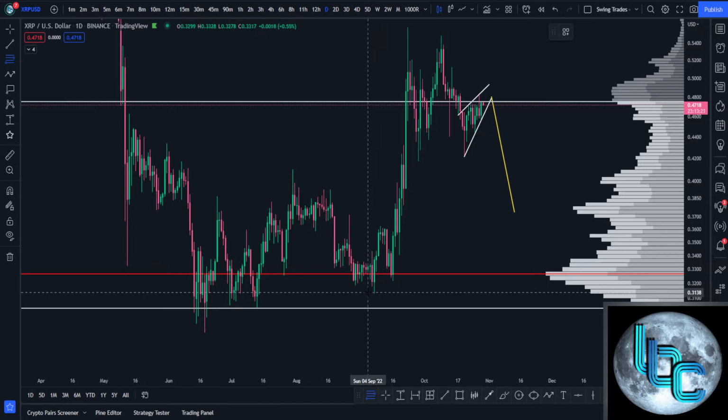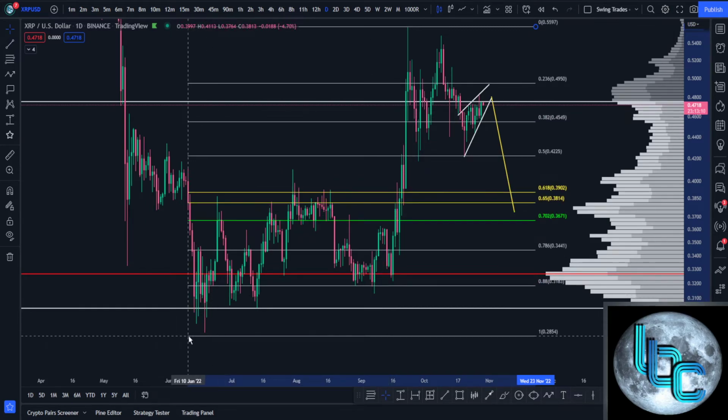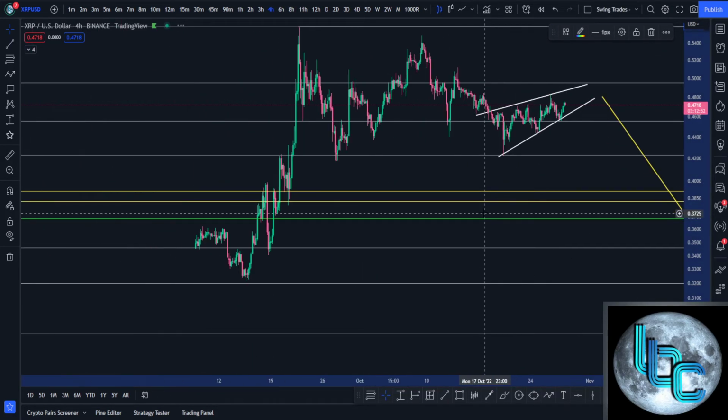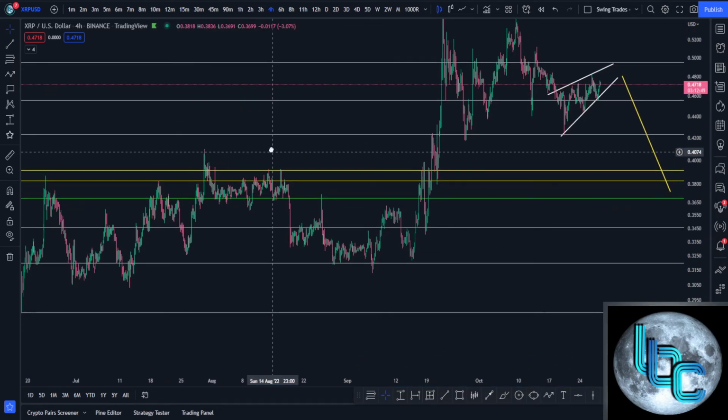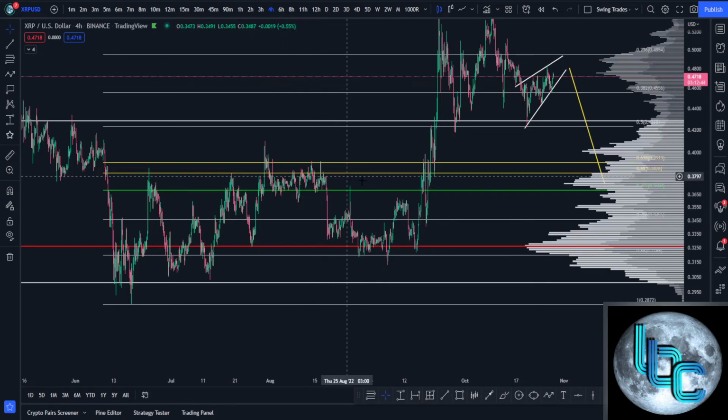Now, if I go ahead and throw a fib on here, where does that go? It gets you past the 0.702, doesn't quite get you to the 0.786. If I do a full macro, then you come straight through the golden pocket, right between the golden pocket and the 0.702. Look at all the action down here. And if I take this down to the 4 hour and zoom out, you can see all the action is right here in this zone.